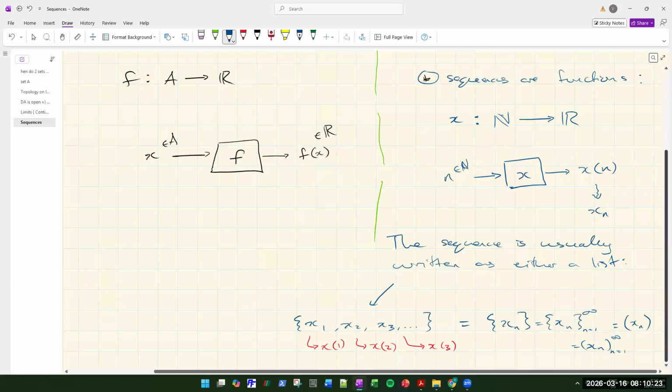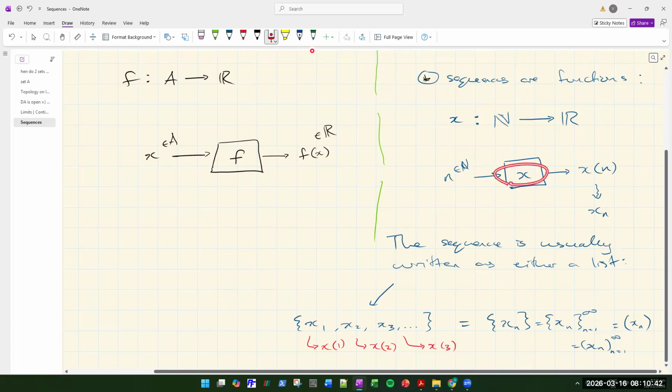So the main difference is that a sequence, yes, is a function, but it's just a function that takes any natural number and gives you a new number.